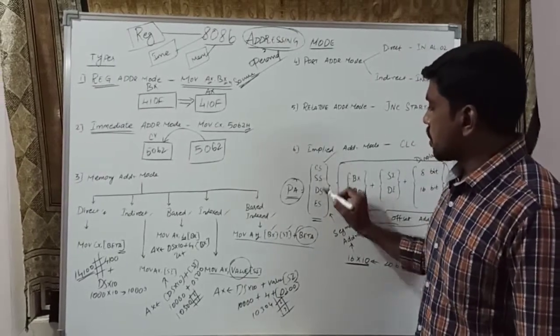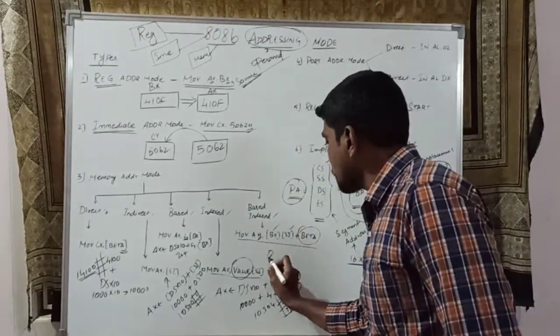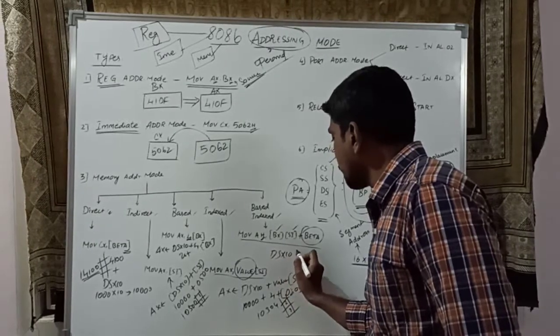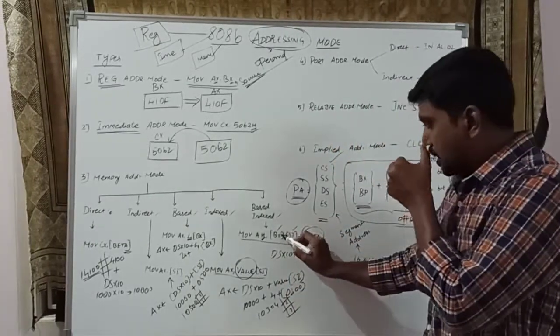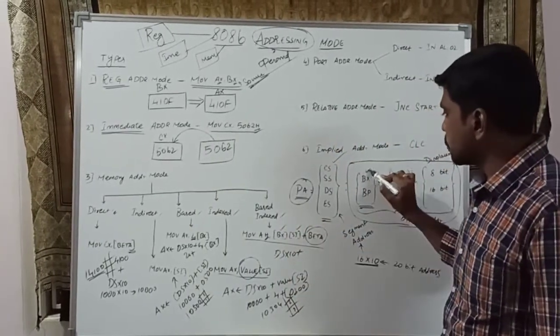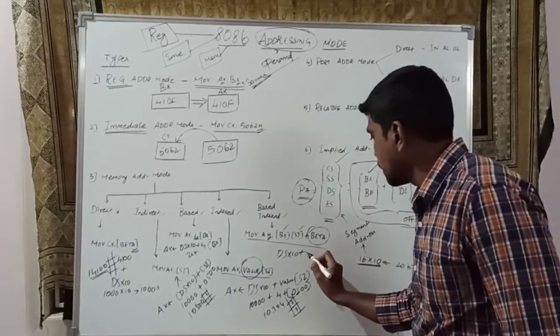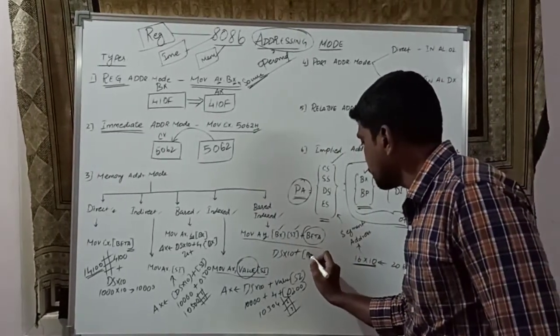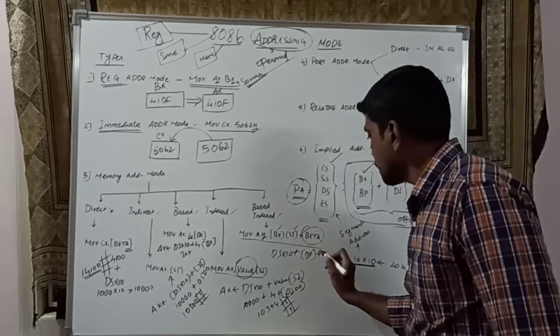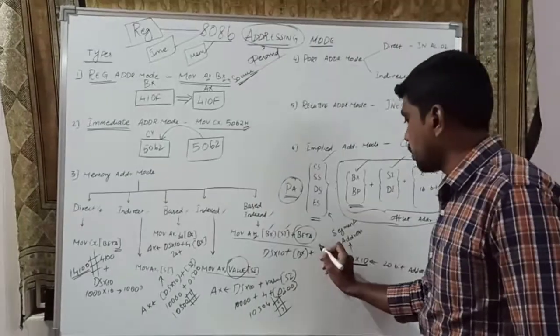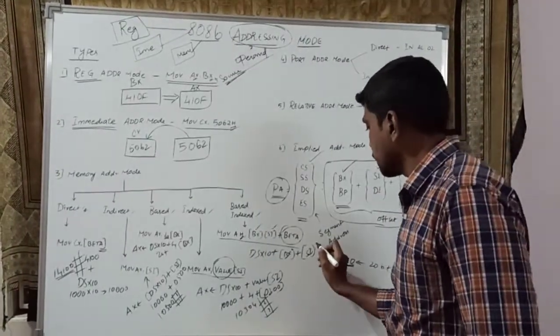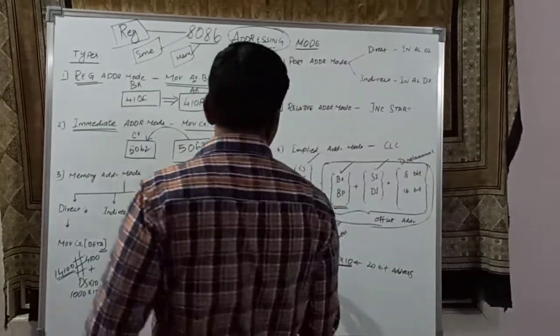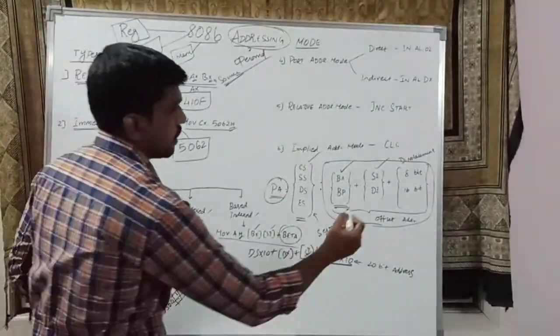So the segment value here is taken as DS, and in this instruction you can use BX. So the base is also involved, so the BX value plus the source index SI, plus beta. Beta is a displacement value.